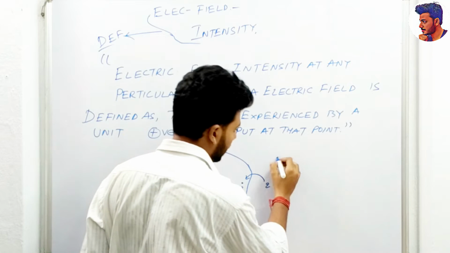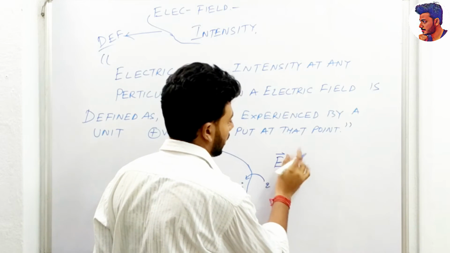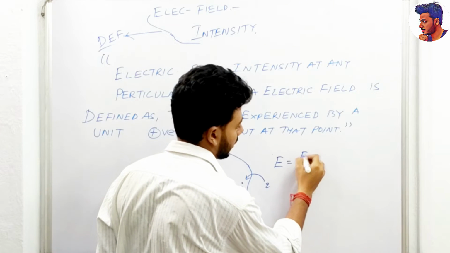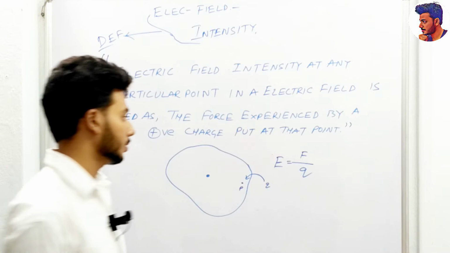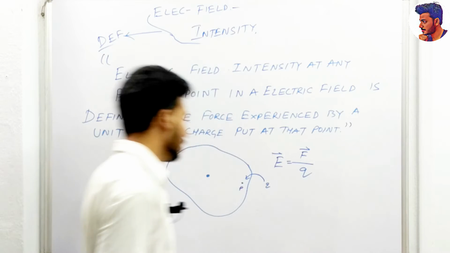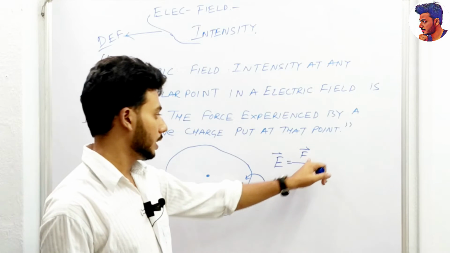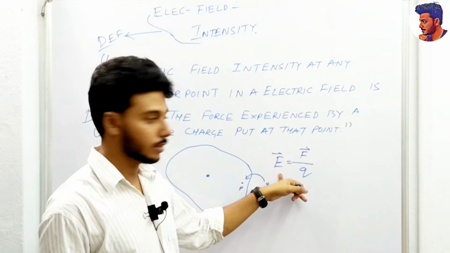So electric field intensity is actually written as this. Electric field intensity is defined as the force experienced per unit charge. It is a vector quantity. As the force is a vector quantity, electric field intensity is also a vector quantity.